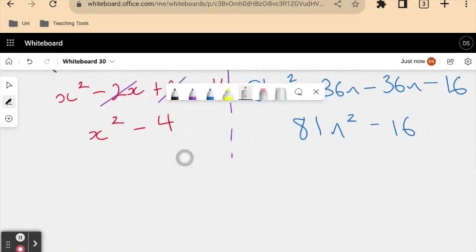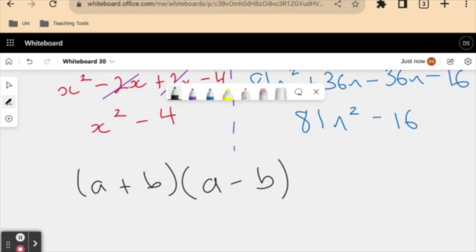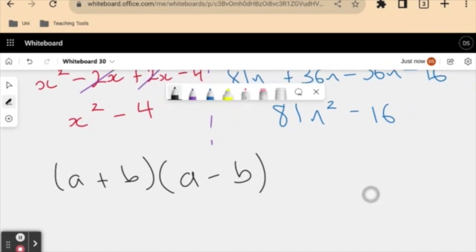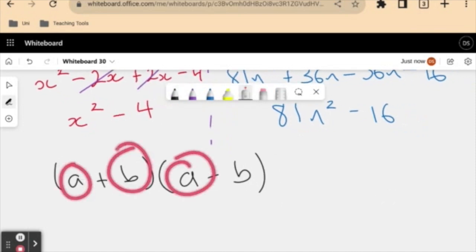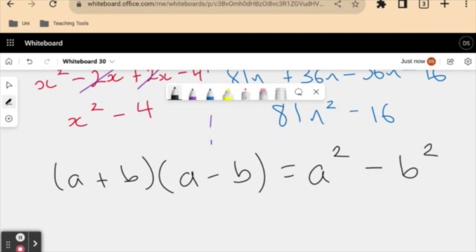So writing a general formula for this, we can say that whenever we have two binomial products, both with equal terms, so for example, a plus b and a minus b, so both with these equal terms here, but with one b being positive and another being negative, we notice when doing these types of expansions a pattern of the first element squared, and from that we subtract the second element squared.